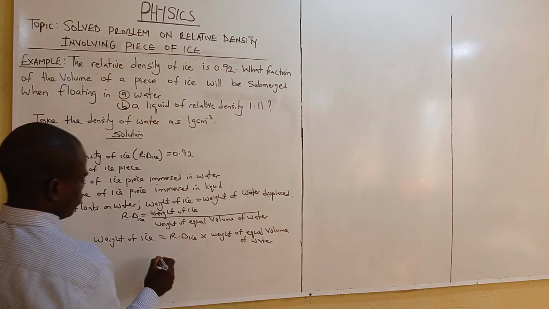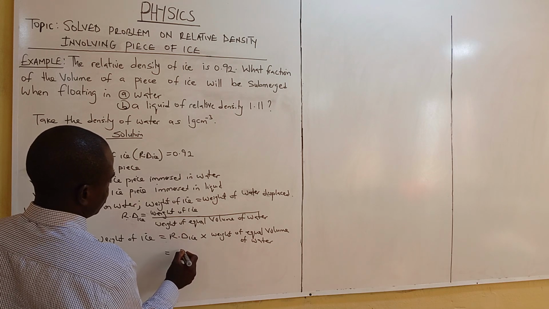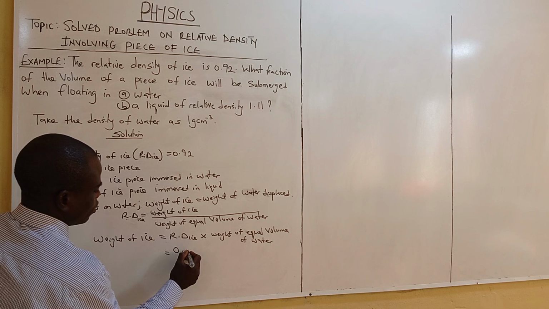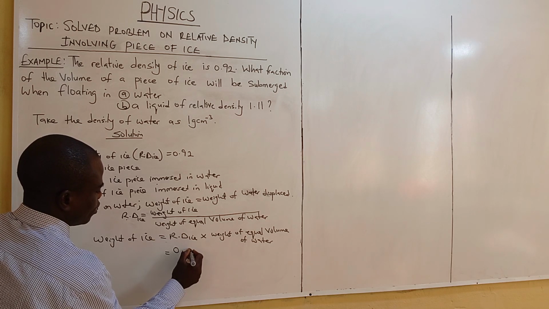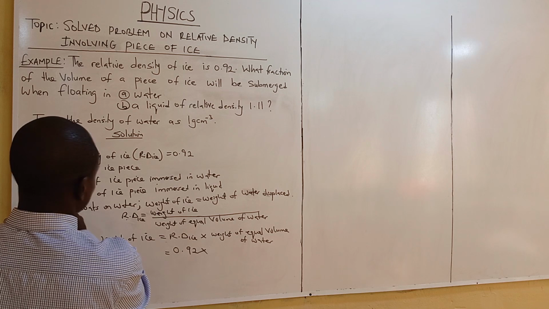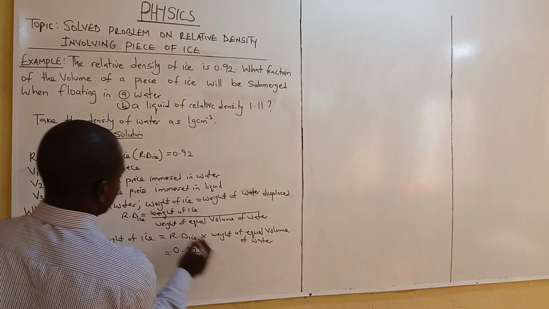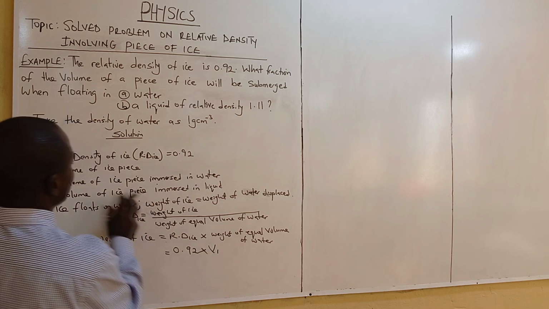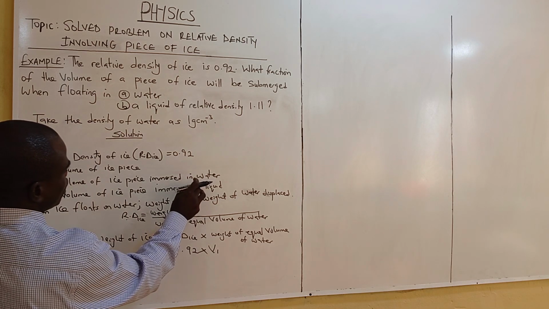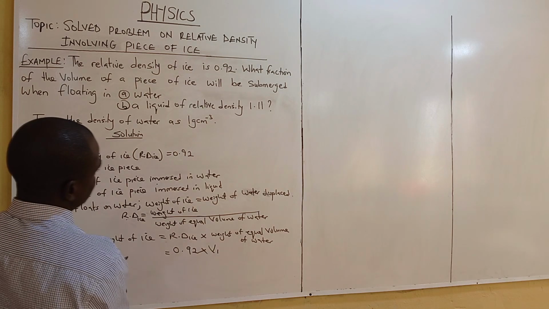Since you have it like that, you now have relative density of ice to be 0.92 multiplied by the equal volume when you are dealing with a piece of ice, V1. Okay, now we equate it. That's why we'll be using this and equate it to that of the water.